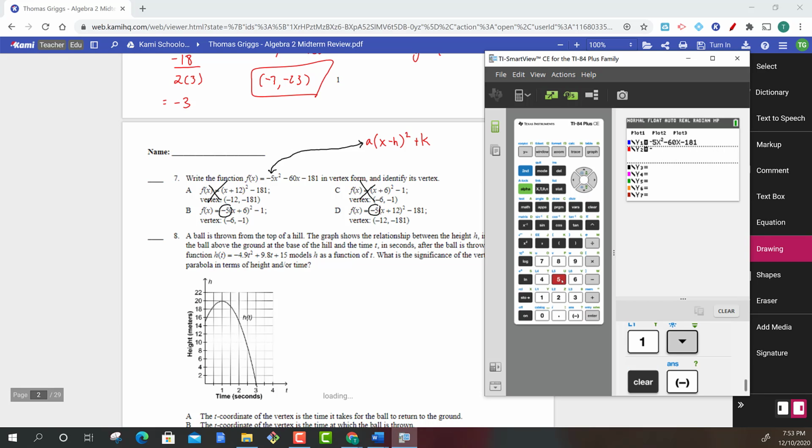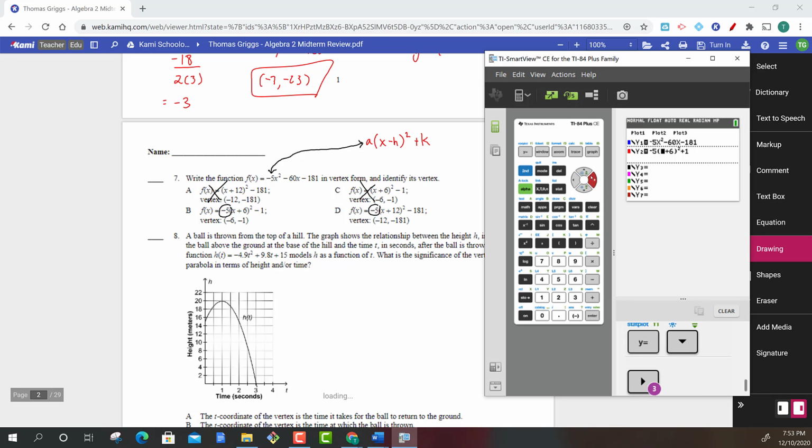So for instance, if I type in choice C, when I graph this, it should give me the same parabola. Looks like it does. I'm going to reset my window. Zoom 6. Nope, it does not. So that is not the same function.